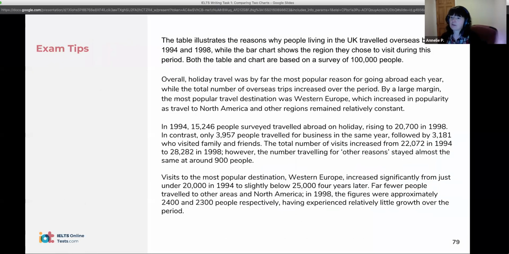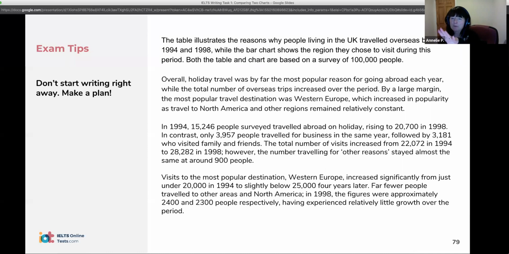So I'm going to give some general exam tips now, but you can also see the full answer there with the introduction, the overview, and then the two body paragraphs. So you can be reading that as I'm talking. So always make a plan, always spend a few minutes looking at the information, check the timeline, check the categories, what's being measured here, make sure that you're accurate, look for those overall trends.